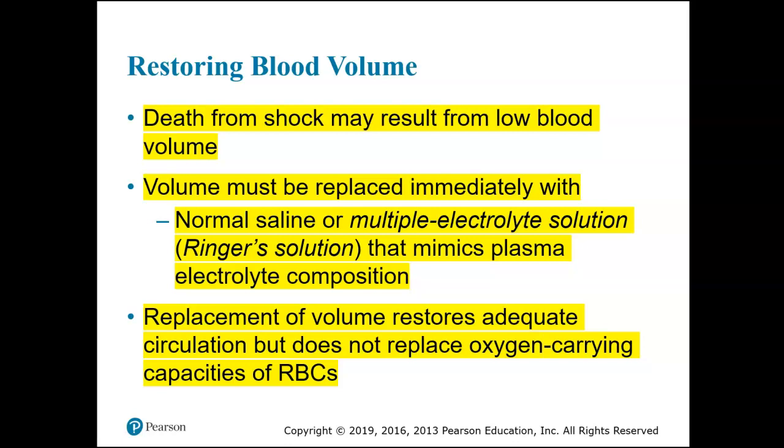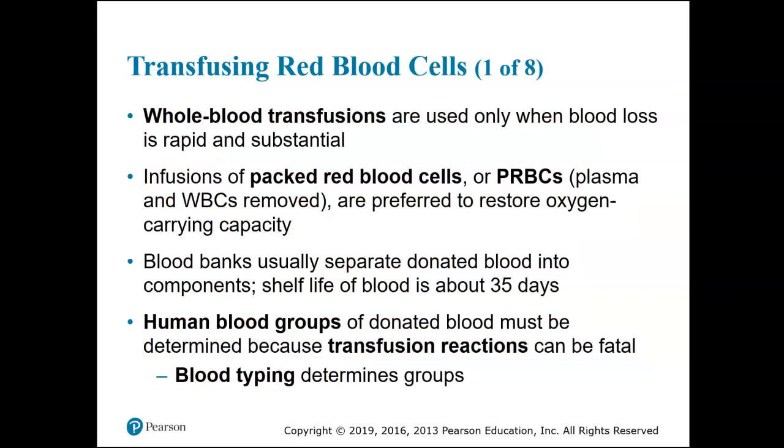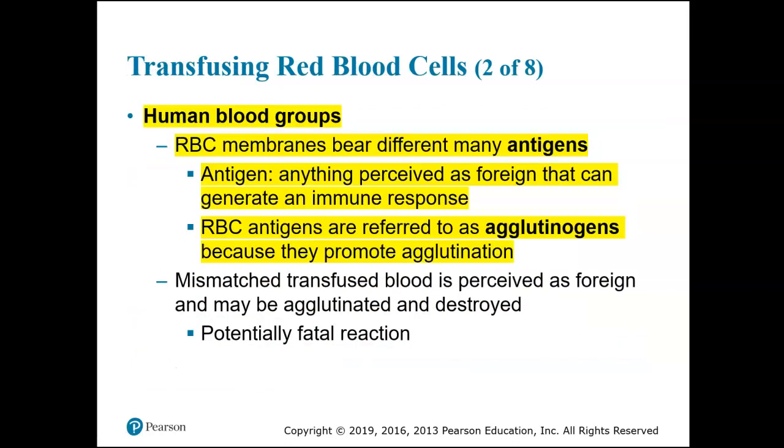The blood volume can be replaced with normal saline, but that's going to give you diluted blood. Normal saline or Ringer solution is just IV fluids. That replaces the volume, but it doesn't replace the red blood cells, so you're still not getting oxygen to your tissues.